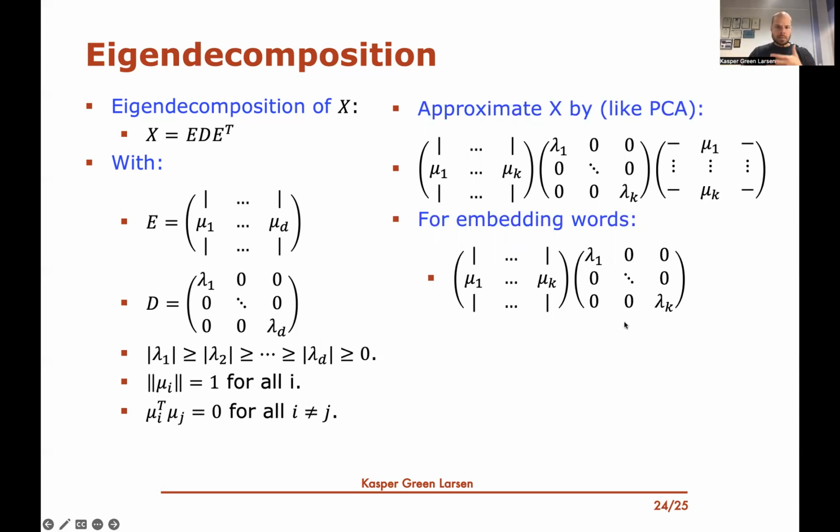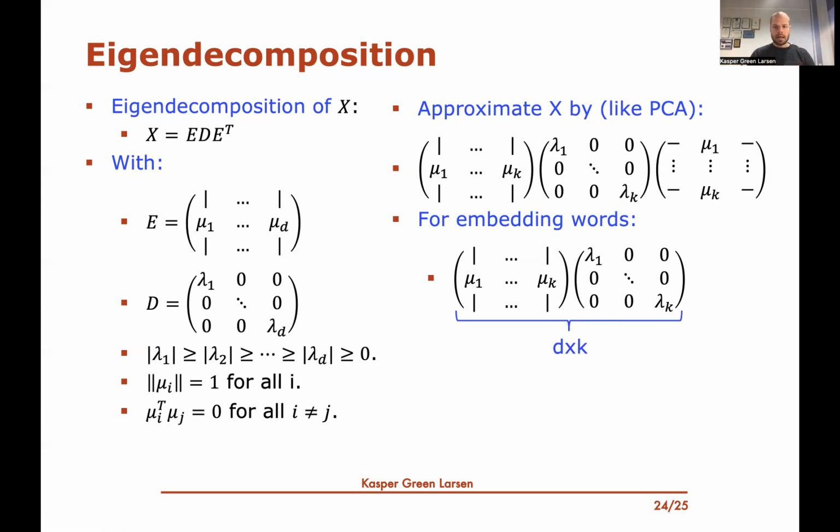So this is the basic approach: we take this eigendecomposition of X, delete the last matrix, take the diagonal matrix D and only keep the top k by k corner, and for the first matrix E, keep only the first k columns. The last one is k by k and this is D by k, so this product is a D by k matrix. This is our representation, our approximation of X.